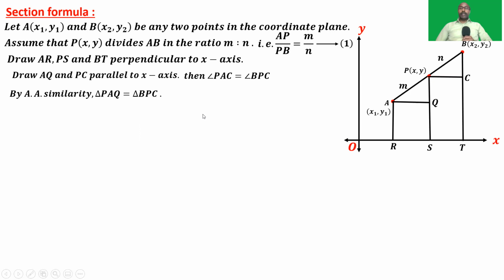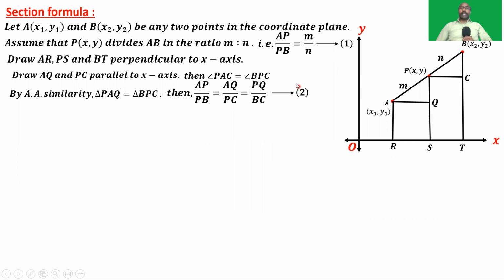We know that in two similar triangles, the ratio of corresponding sides are equal. So we can write AP by PB is equal to AQ by PC is equal to PQ by BC. Take it as equation 2.